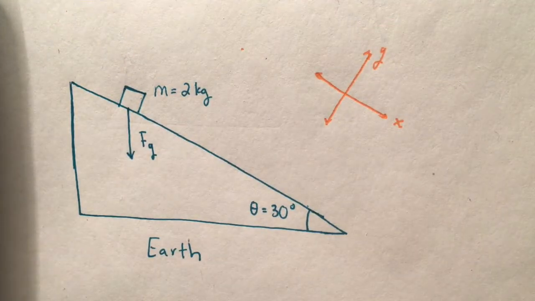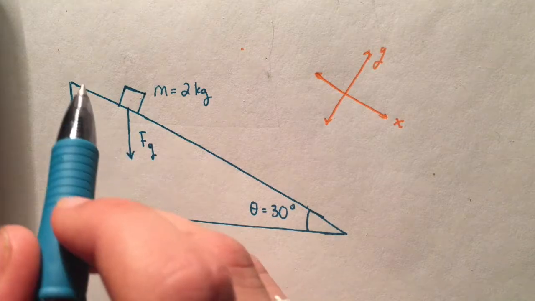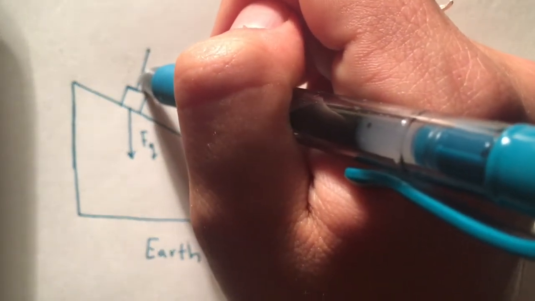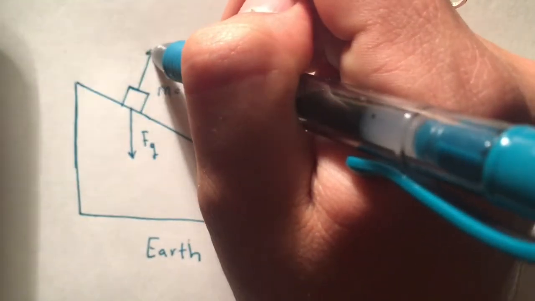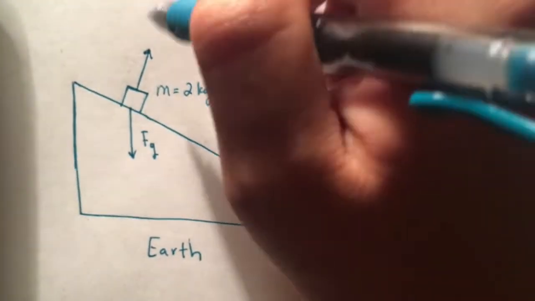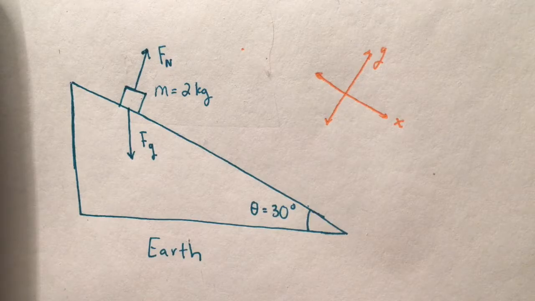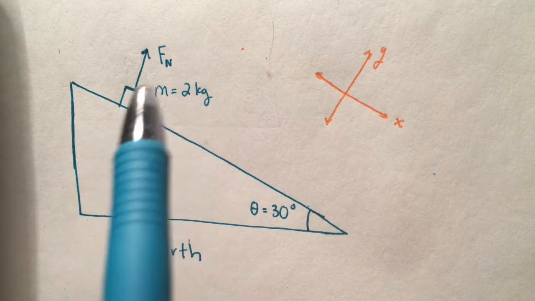So we need to take that into account when drawing our normal force and make sure that our normal force is still perpendicular to the surface. Remember, the normal force isn't always acting in the opposite direction to the force of gravity. My incline is this way, so perpendicular to that would be this way. And I'm going to give this arrow a name, F sub n. There is no friction in this problem, so this looks like the only two forces acting on the box.